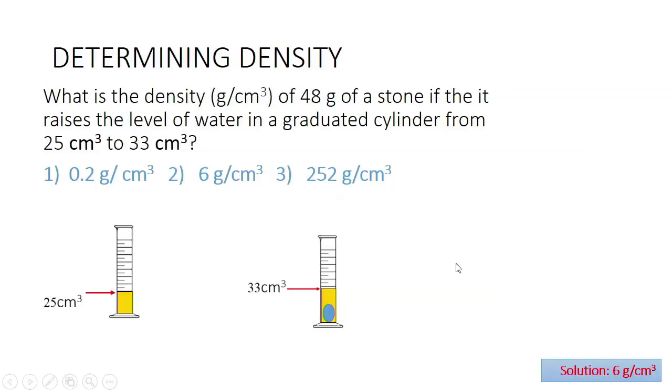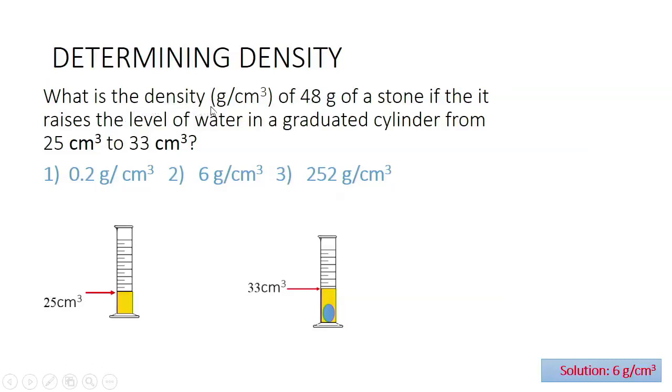Now we go on to density. Density is something you have been doing since grade 9, I think. And here I just want us to focus on calculations, though you need to look at other things, like the definitions and everything. So here we have a question.